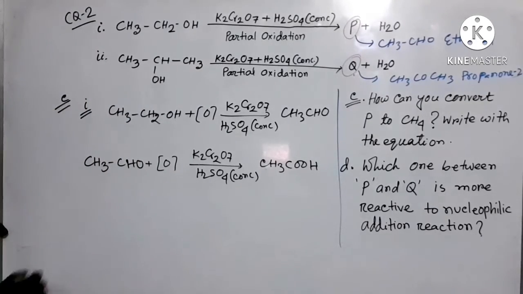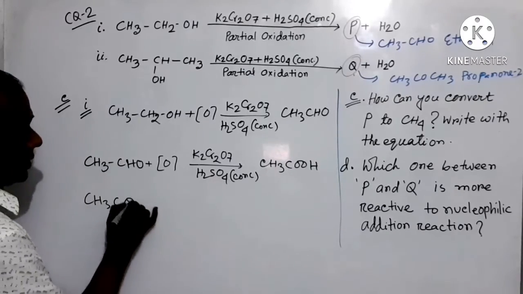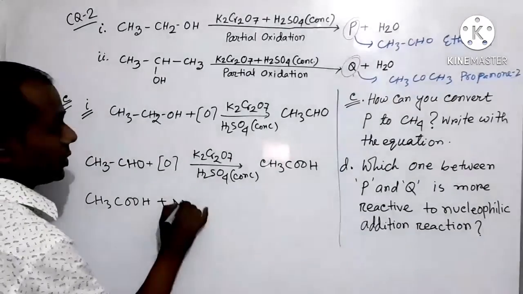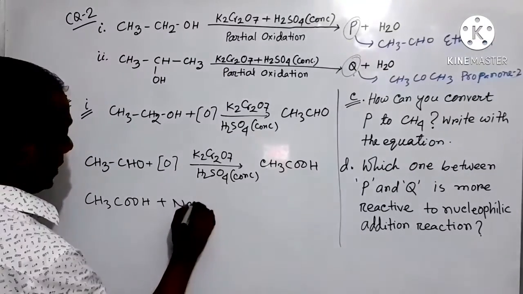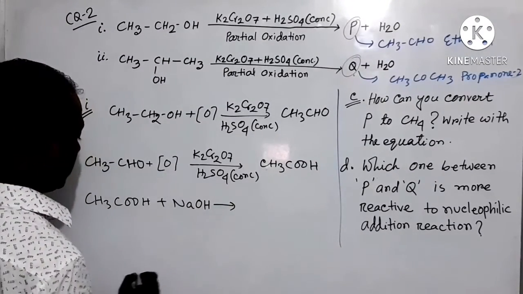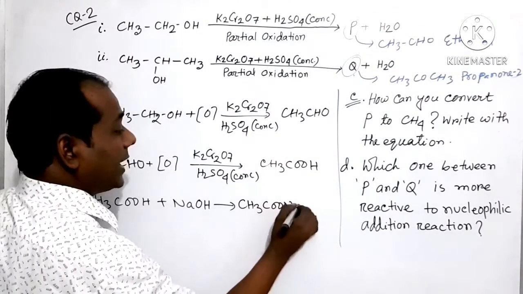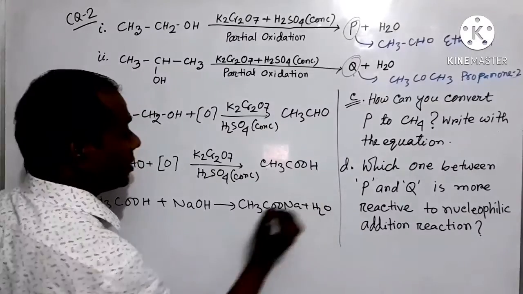After this reaction, this ethanoic acid CH3COOH reacts with sodium hydroxide, and it produces sodium ethanoate, that means CH3COONa plus H2O.